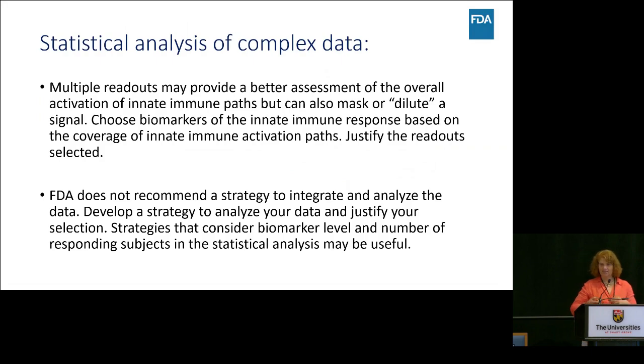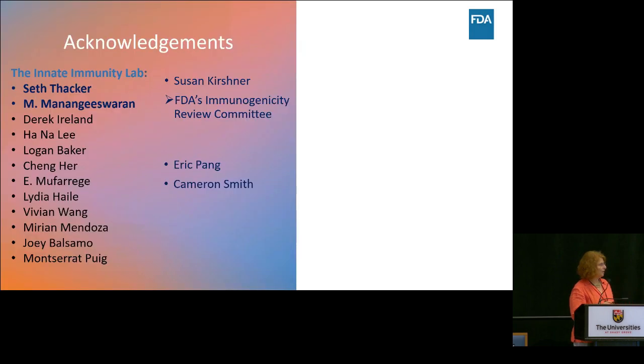Because just adding genes that are not going to tell us anything is just going to dilute the signal, and that's not going to be useful. Now, we do not recommend what statistical strategy to take to analyze your data, but it is important that you develop this strategy, justify your selections, and consider what biomarker levels and number of responding cells may be useful, and so forth.